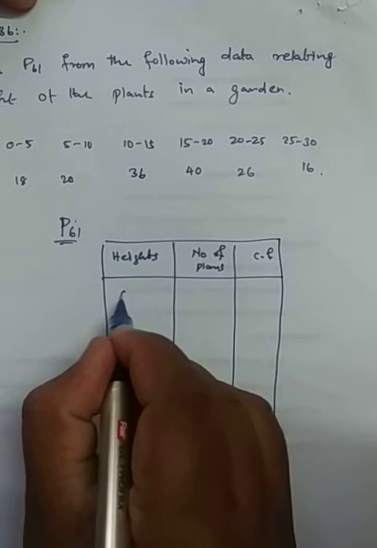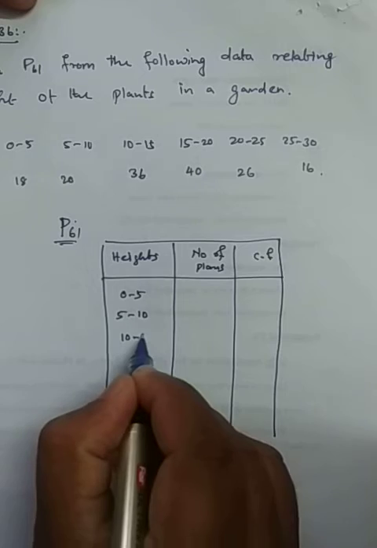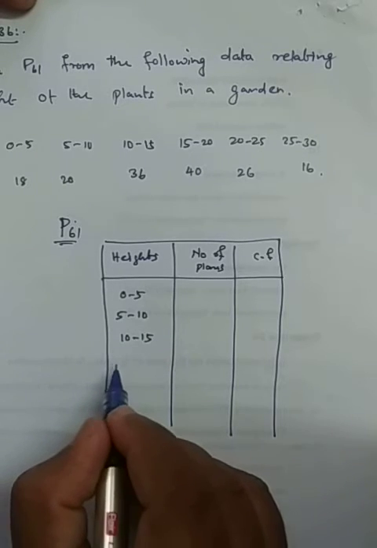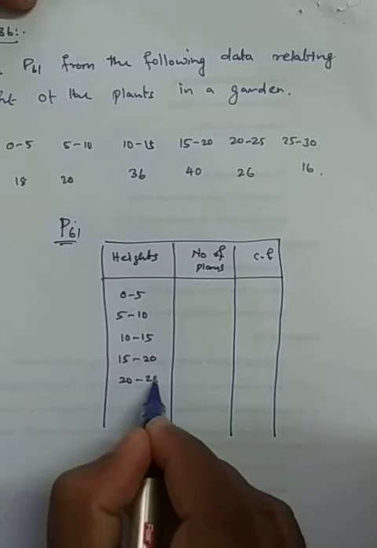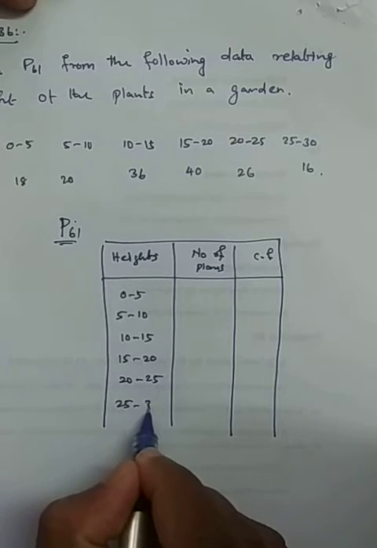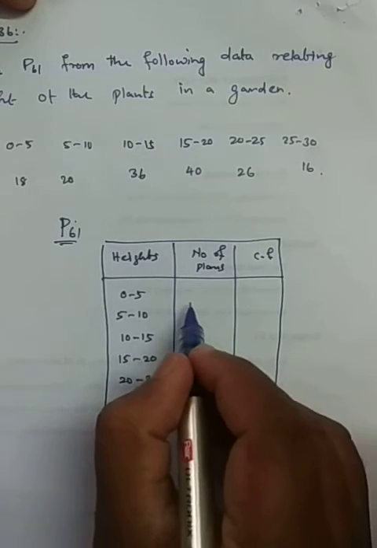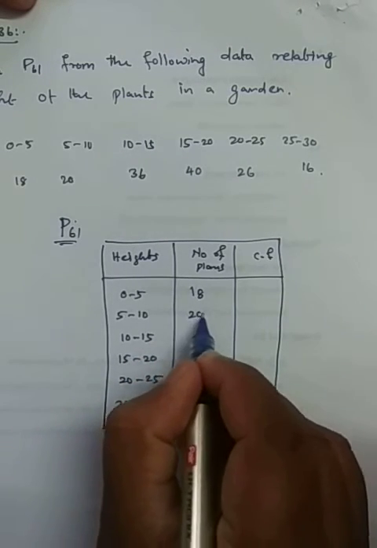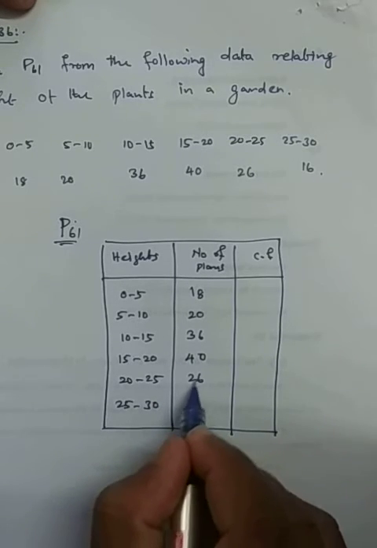First we will do that one. Heights are 0 to 5, 5 to 10, 10 to 15. Next we have 15 to 20, then 20 to 25, then 25 to 30. This is the data. Number of plants are 18, 20, 36, 40, 26, 16.